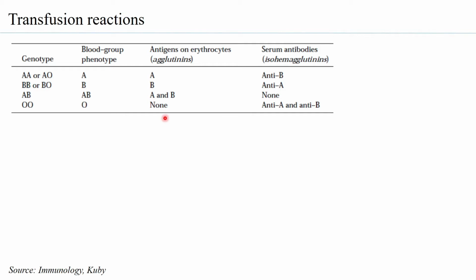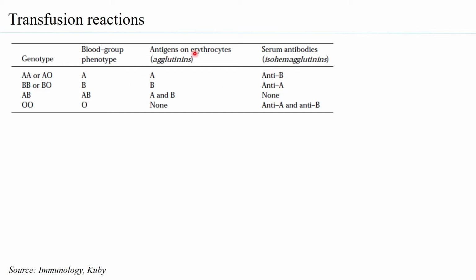Now, what is another important facet is that suppose there is a person having blood group A, he or she generally already has an antibody against B. Now, the question that comes up over here is when this person is not exposed to blood group B earlier or is not ever exposed to blood group B, then how is it that it already has anti-B?